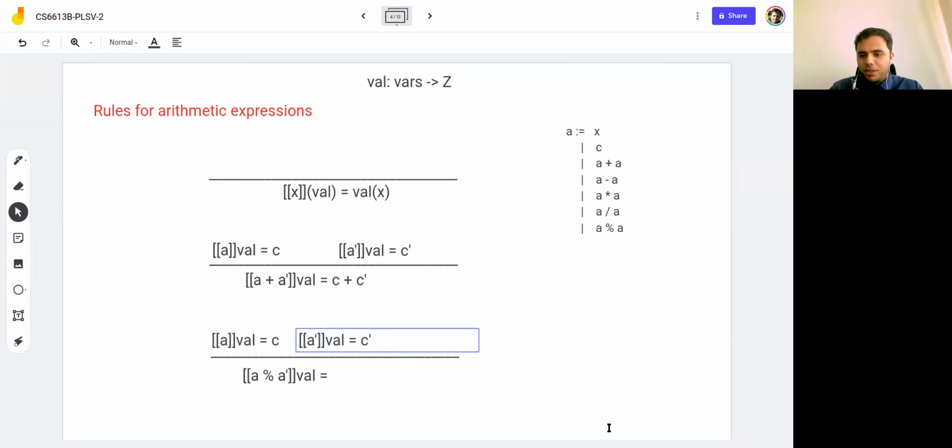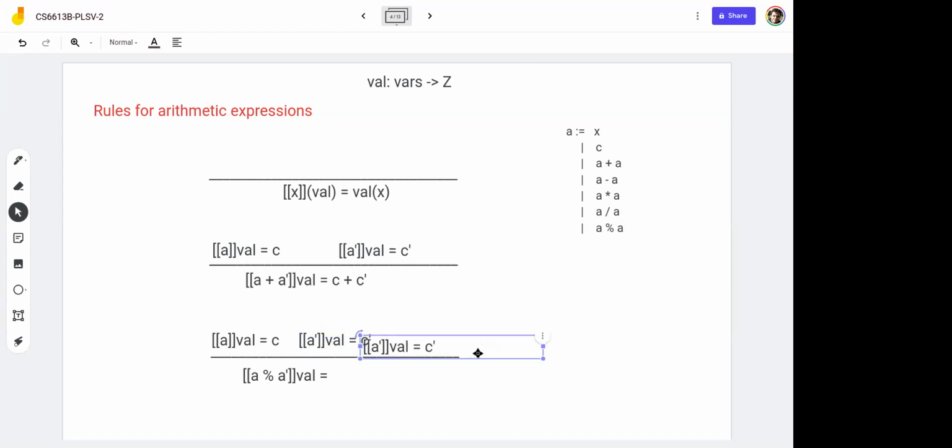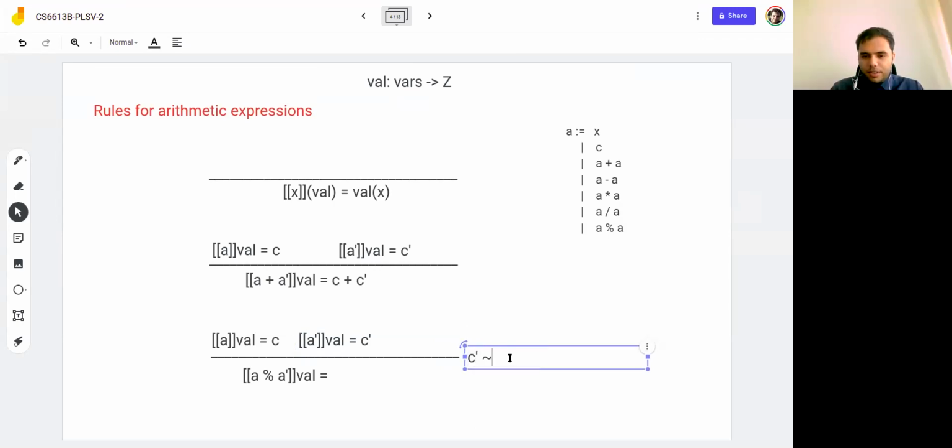So one important point is that we cannot divide by zero. So division by zero is always problematic. And for that, we have to basically put a side condition saying that C prime is not zero. Okay.